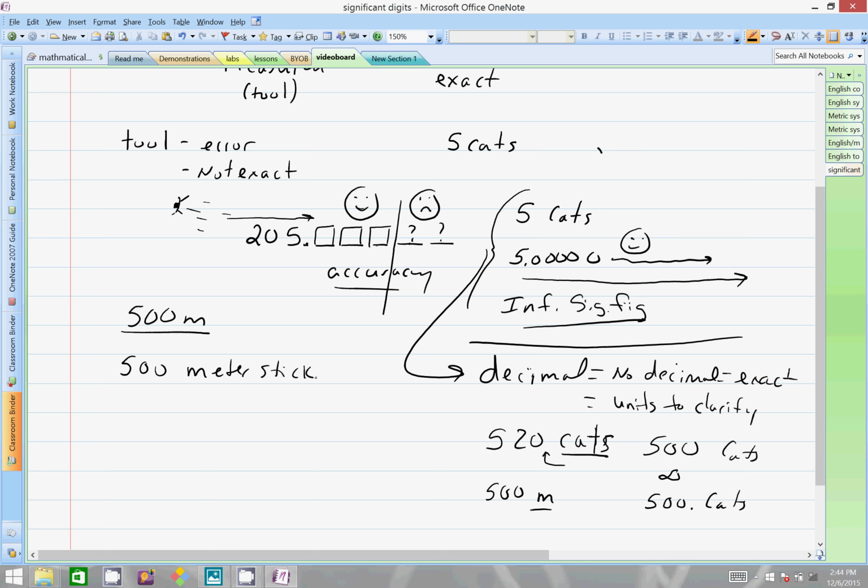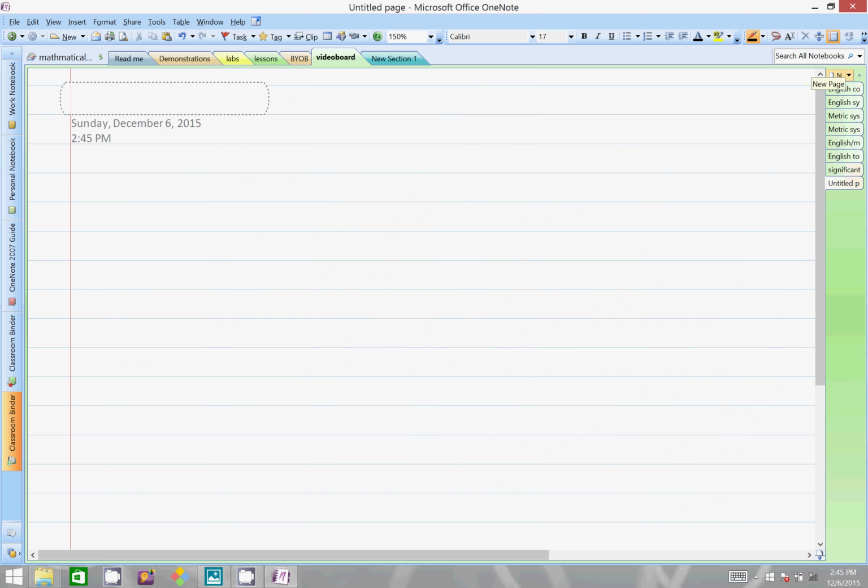I can order exactly 500 meter sticks, but not all the meter sticks are exactly 1 meter. They have some error involved in them. So again, emphasize the difference between an exact value and a measured value. You can have exactly 500 meter sticks, but you cannot have exactly 500 meters. All right. Now again, just to get this idea of a significant digit.